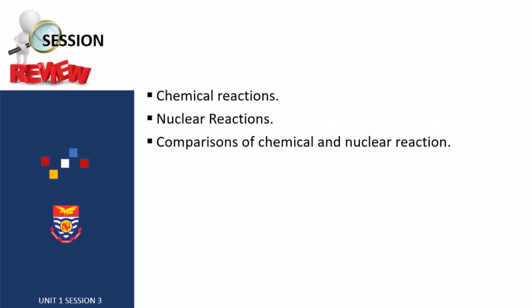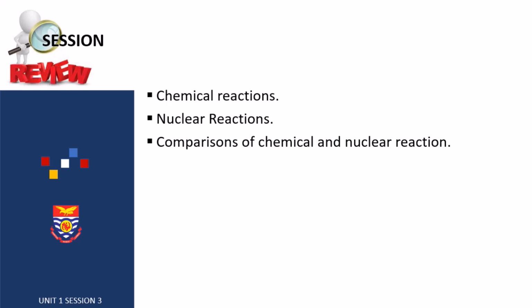In this session, we looked at chemical reactions, where we said chemical reactions involve the conversion of one element to another, and we stated that there are certain factors such as temperature, pressure, and even catalysts that affect the rate of these chemical reactions. We looked at nuclear reactions, and we said it is the disintegration of atoms of unstable nuclei, which we refer to as radioactivity.